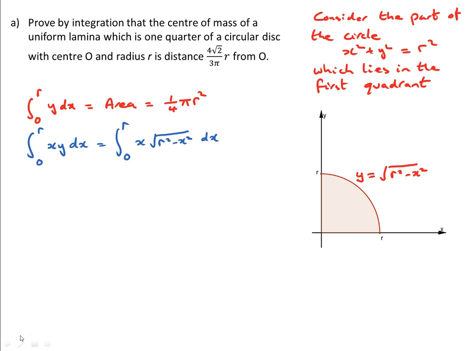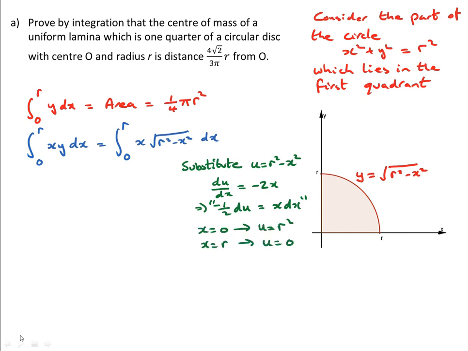In order to work this integral out, we need to make use of a substitution. If we make the substitution u equals r squared minus x squared, then du by dx is minus 2x. So we can say that x dx is the same thing as minus 1/2 du.